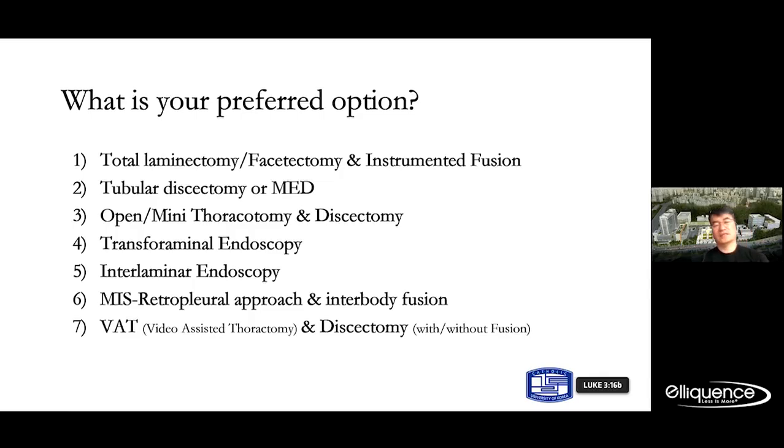Let me ask you guys what option you prefer in these exceptional, unusual cases. We have the same list for that. Are you ready to vote? Let's see. 3, 2, 1.